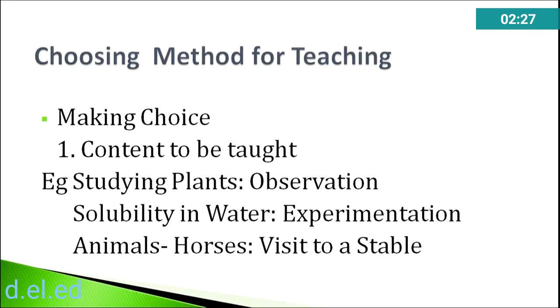For example, if I want to study plants in the school garden, then I may decide on the observation method and take children to the school garden, and children will observe plants. If I want to see the solubility of different things in water, then I may decide on experimentation, bring various things to the classroom and ask children to experiment themselves and see what is soluble in water and what is not.